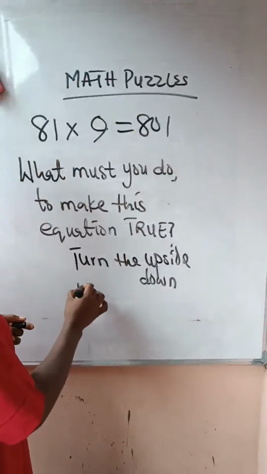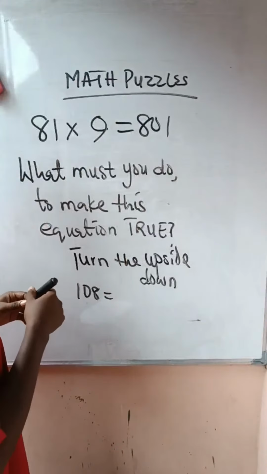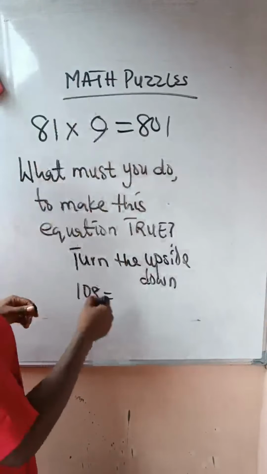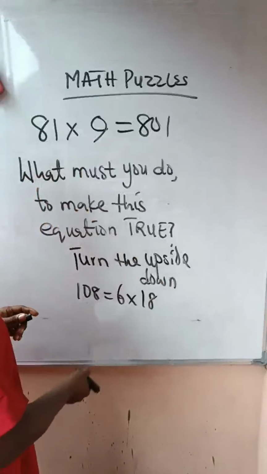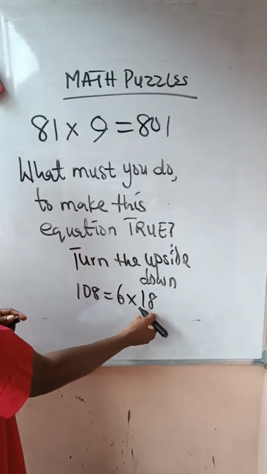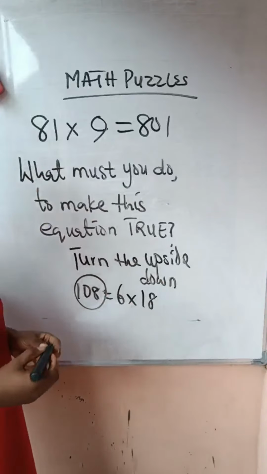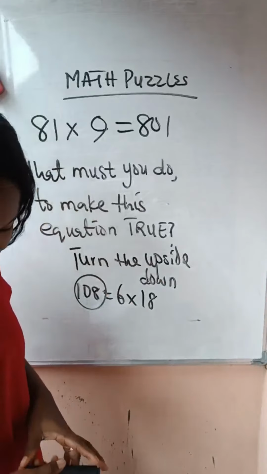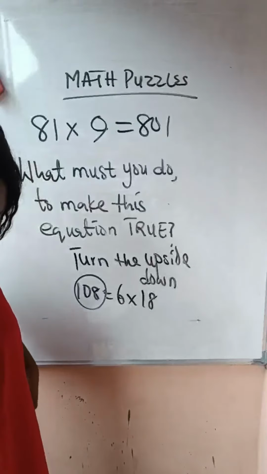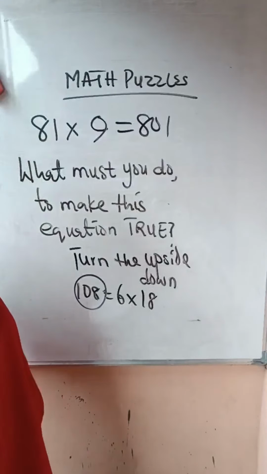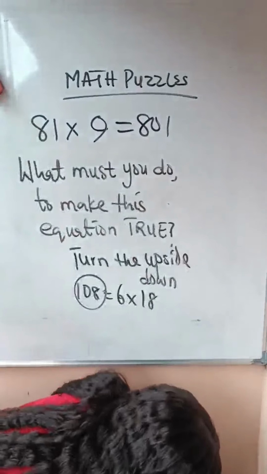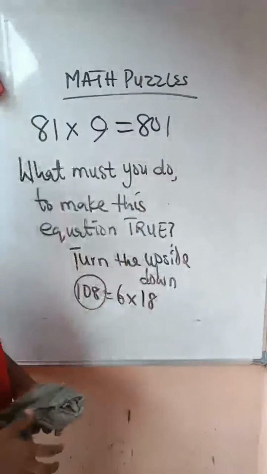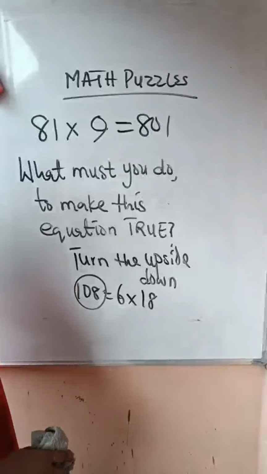You will have 108 is equal to, this 9 becomes 6 times, and this 81 becomes 18. And if you multiply 6 by 18, you are going to get 108. Yeah, flip it or see it upside down. That is the only way that you can make this particular equation correct.